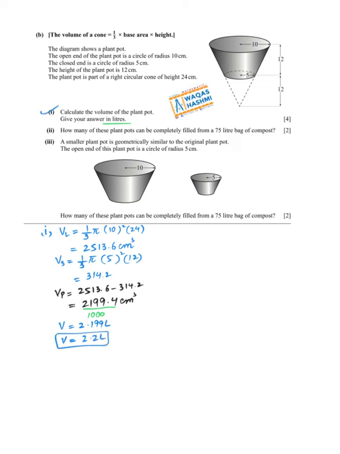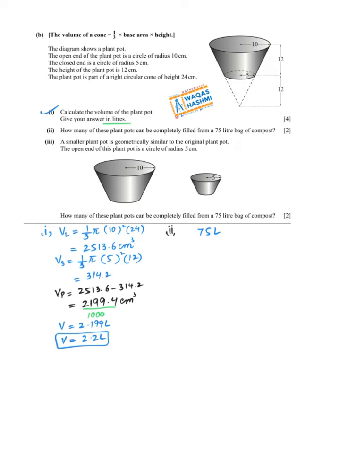After that, for the second part, it says how many of these plant pots can be completely filled from a 75 liter bag. Alright. Now to understand the question, in the first part you have identified that a single pot occupies 2.2 liters. Now the question says that if you have 75 liters of volume, how many pots can be filled?